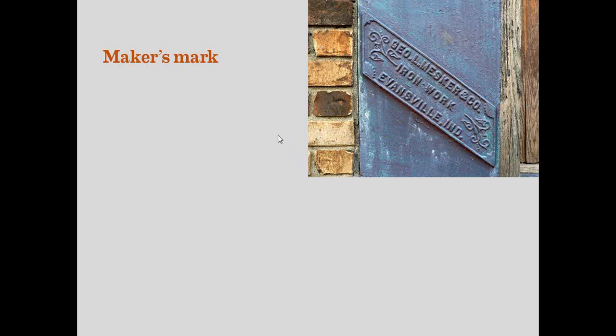But aside from the fun, they are really useful in terms of providing another layer of information and potential historic significance. So when we can link a particular product with a company that made it, we can all of a sudden discuss how this product was made, who made it, how did it get to be in this community. So I'm showing you a nameplate here of one of the Mesker companies, which had a nationwide distribution of their products.